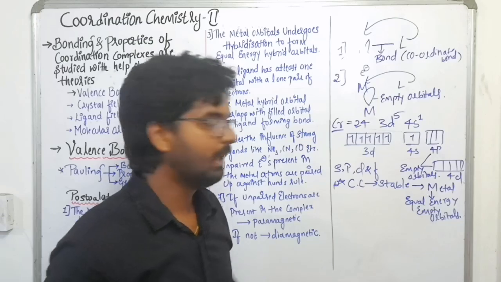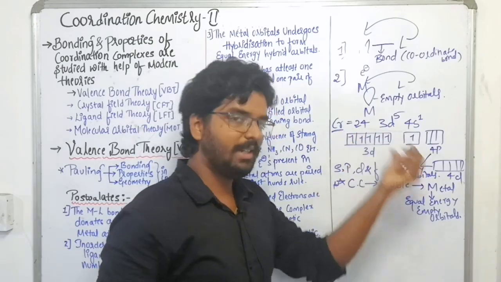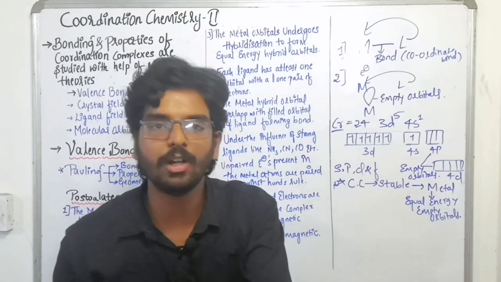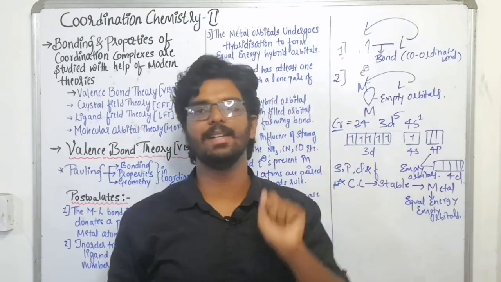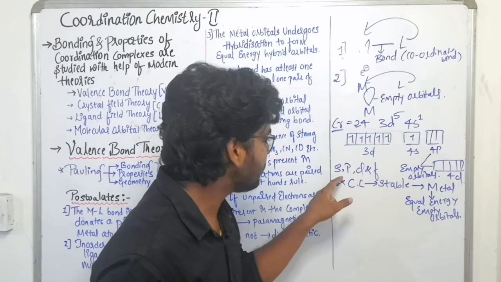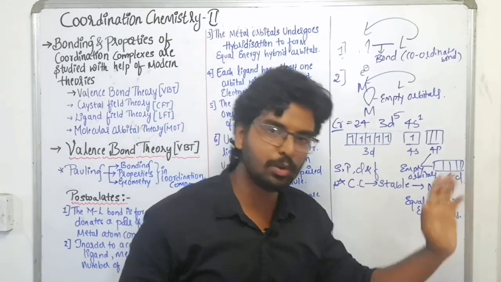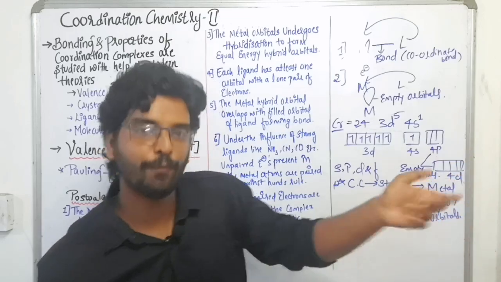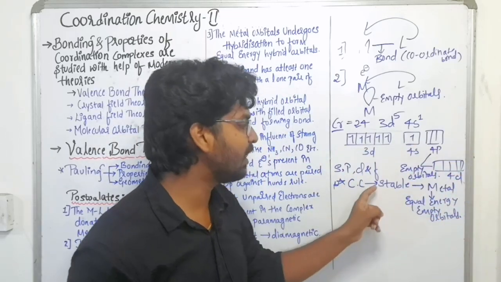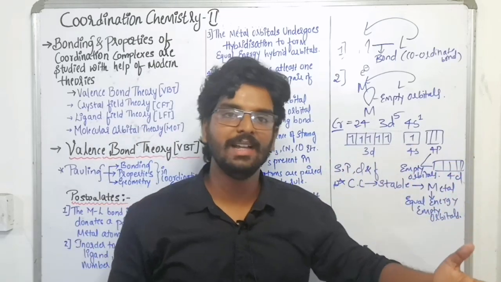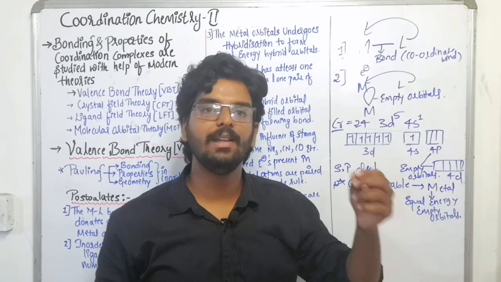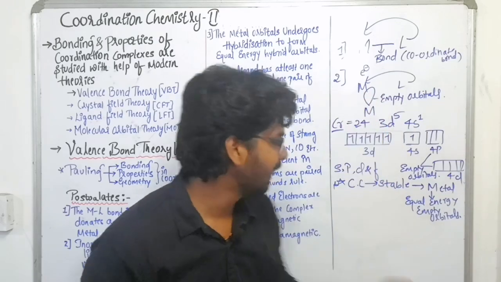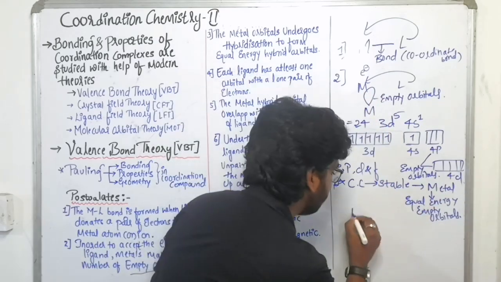That means all the metals which have vacant orbitals now, all those vacant orbitals must have equal energy. So if there are s, p, d, f vacant orbitals, you can't use them for the acceptance of the electron from the ligand. Why? Because the coordination compound which is forming is highly stable if and only if the metal carries what?